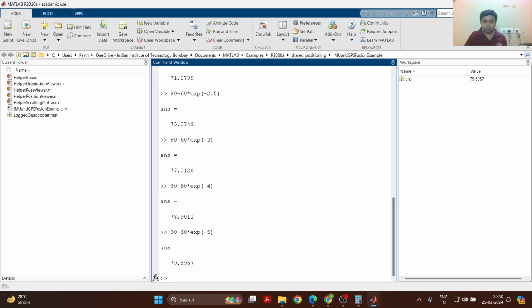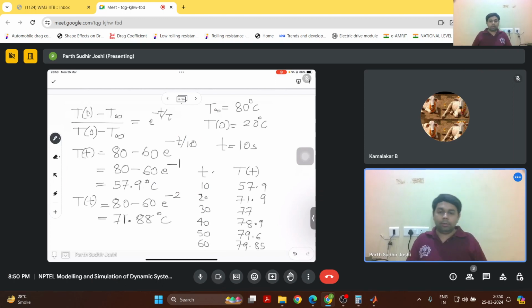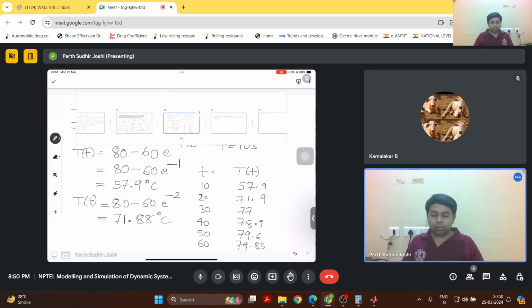Let us also calculate at 60 seconds. It comes to about 79.85. So you can see that initially the temperature rises fast, but as we go further, the temperature rise slows down.